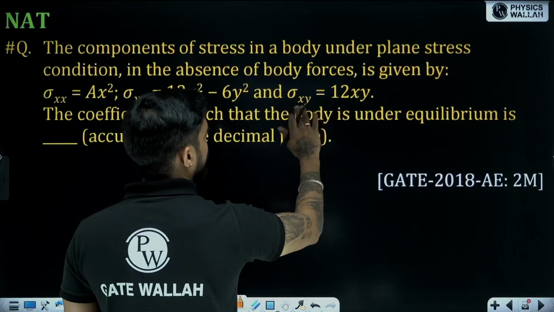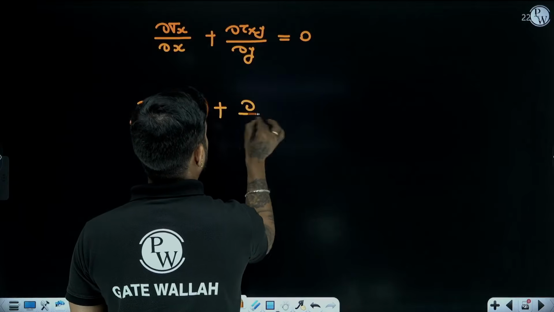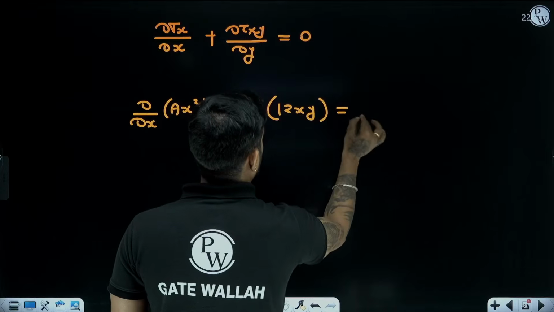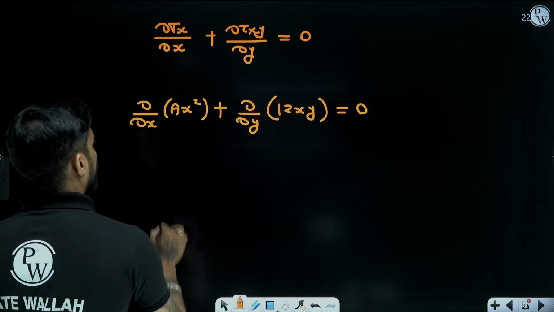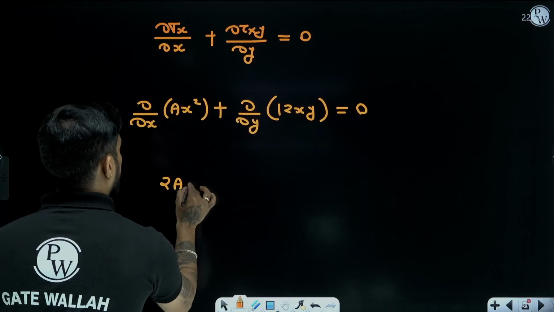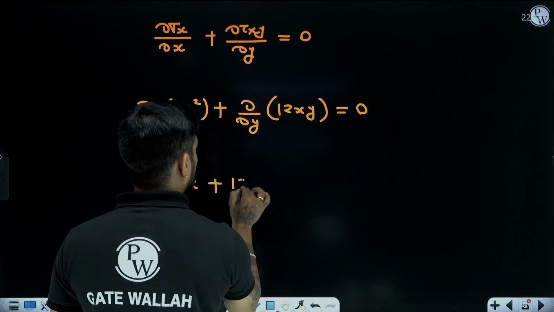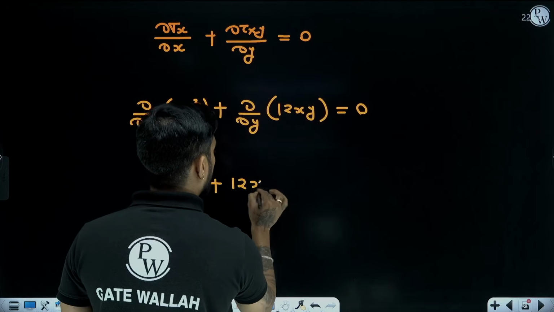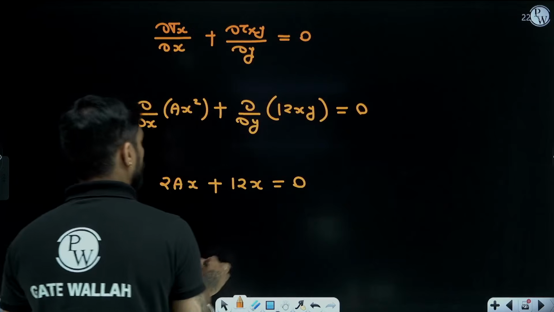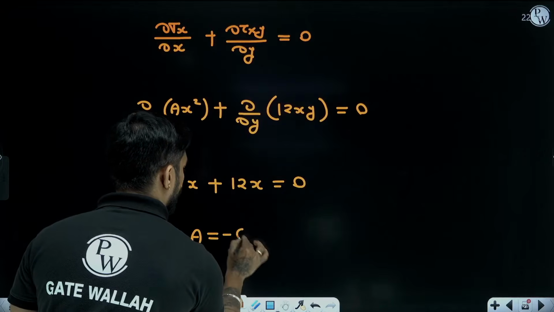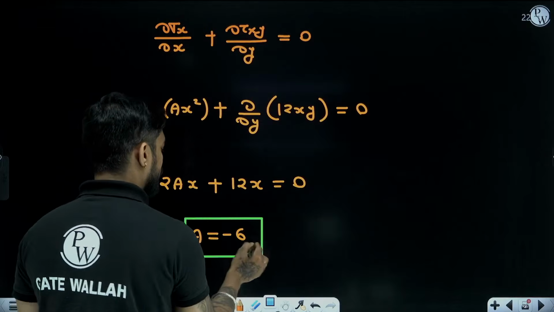Tau xy is this 12xy. So dou by dou y of 12xy equal to 0. So this will become 2ax plus, if you differentiate it with respect to y, 12x equal to 0. So from here I am getting a equal to minus 6.